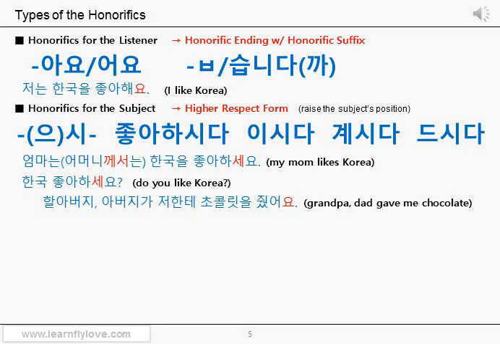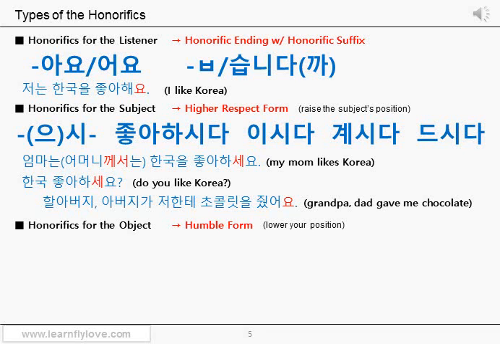Honorific endings and higher respect forms. These two honorifics are the ones you've learned so far. But there's one more. It's honorifics for the object. Let's call it humble form in our learning materials. Then why do we call it humble form? Because it is used to show more respect to the object of the sentence by lowering your position. Lowering your position, okay?